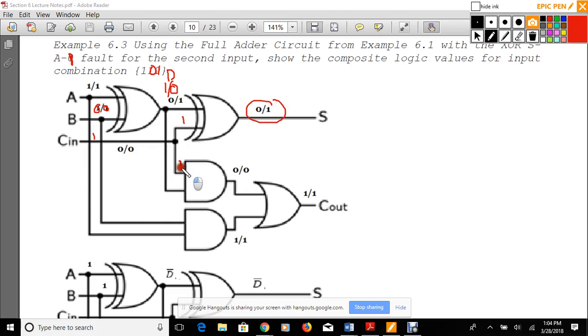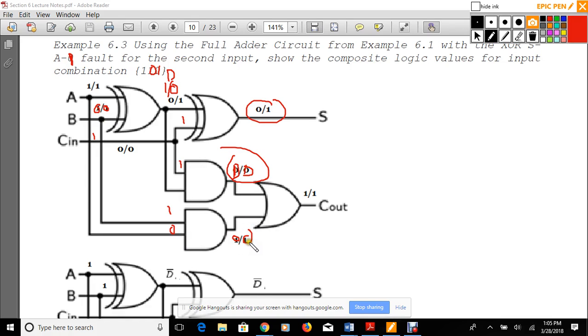Likewise, we have C here, that gives us a 1. That means no matter what we put for D, we're expecting D, and we're getting D, because we're expecting a 1 but we're getting a 0, so D and D here, right? So then this is A and B, so we're getting 1 and 0, so we're getting 0 and 0.